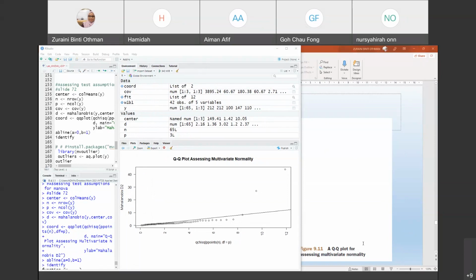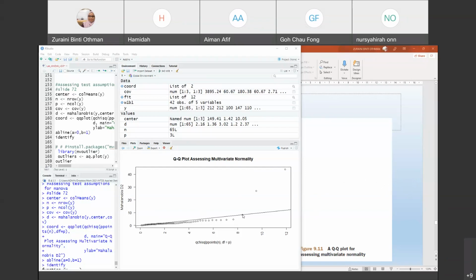The homogeneity of covariance matrix assumption requires that the covariance matrix for each group is equal. This assumption is usually evaluated with a Box's M test. R doesn't include the Box's M test.